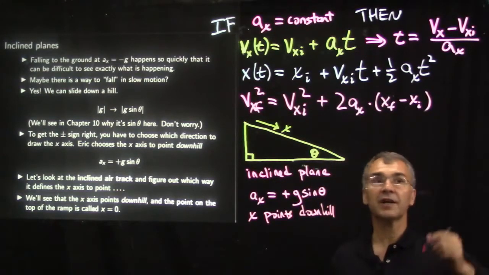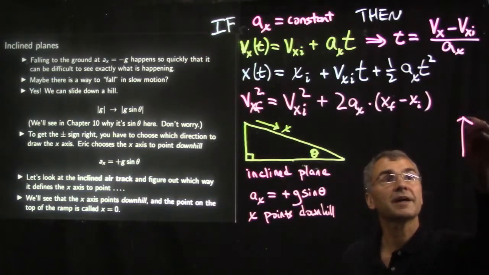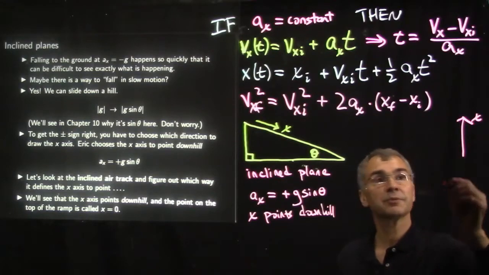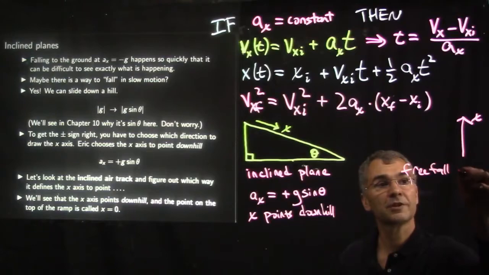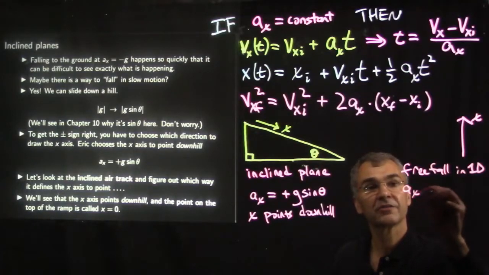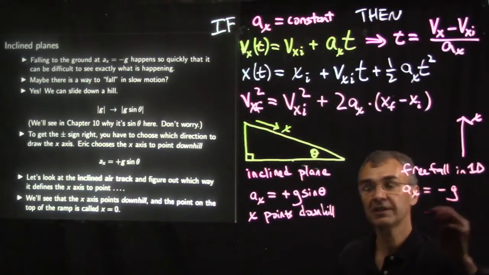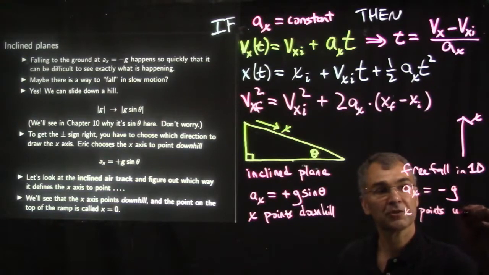By contrast, with free fall in 1D, one dimension, we have a sub x equals minus g, and x points upward, straight up.